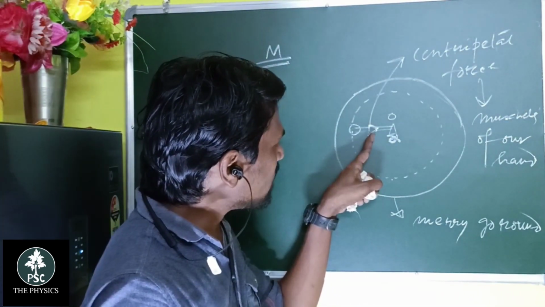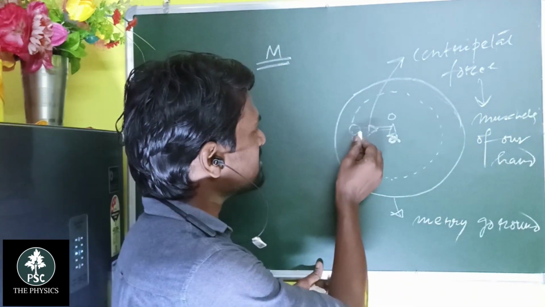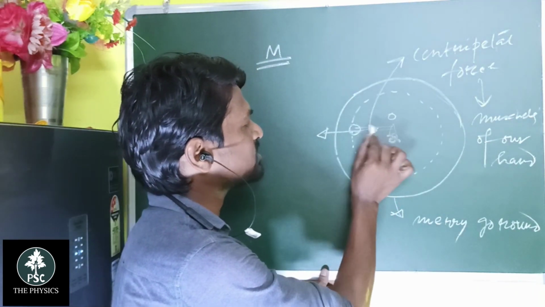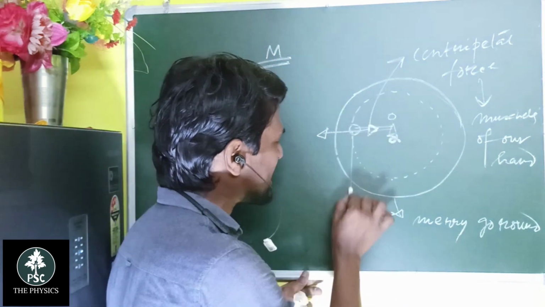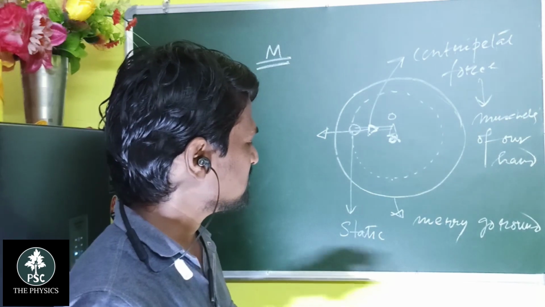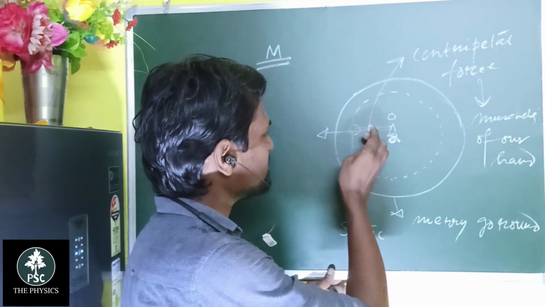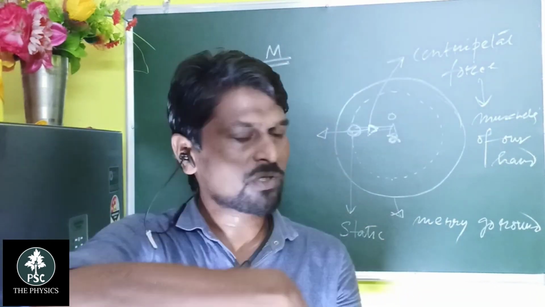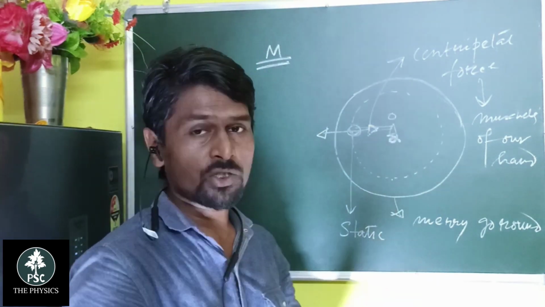So our muscle can provide the centripetal force, and there is a centrifugal force along this direction, and these two forces are equal in magnitude, so the ball is in static equilibrium. The ball is static, but it rotates along the circular path. Okay, so this is your explanation.